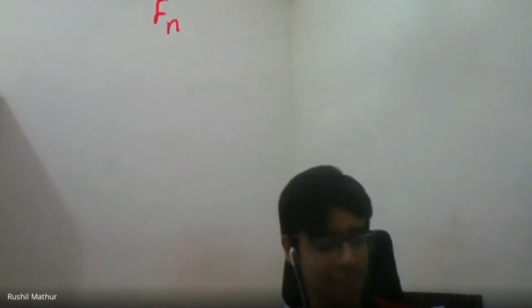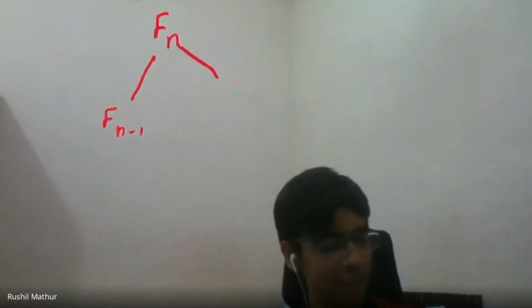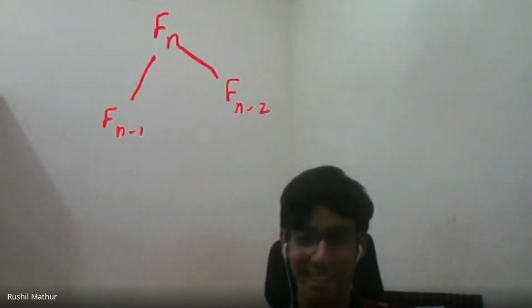Yeah. So the idea is that you will have to anyway calculate f1, f2 till fn once definitely. The problem comes in because you are doing repeated calculations. To calculate fn, you have called fn minus 1 and fn minus 2. Exactly.